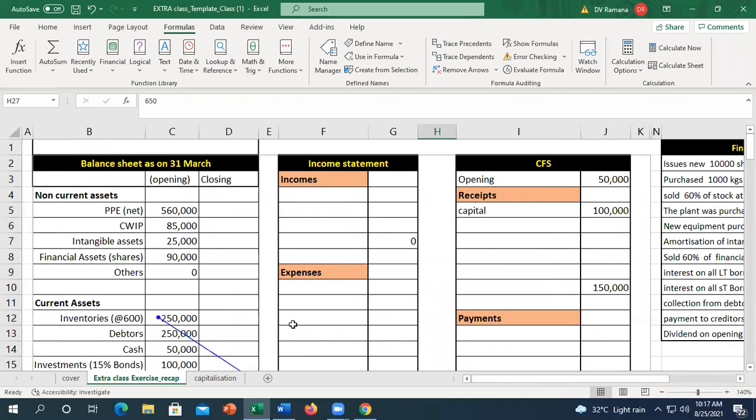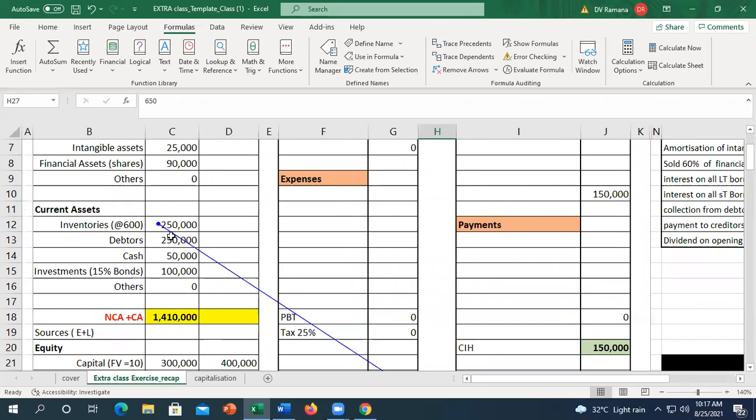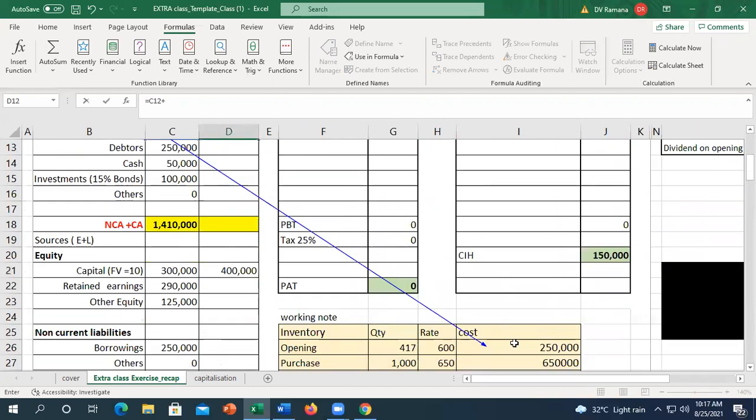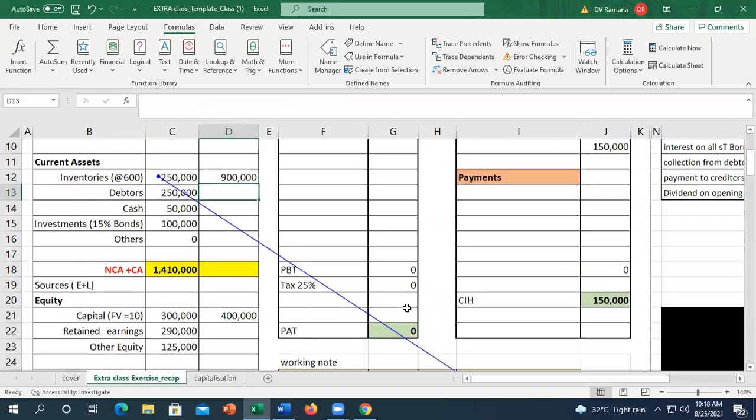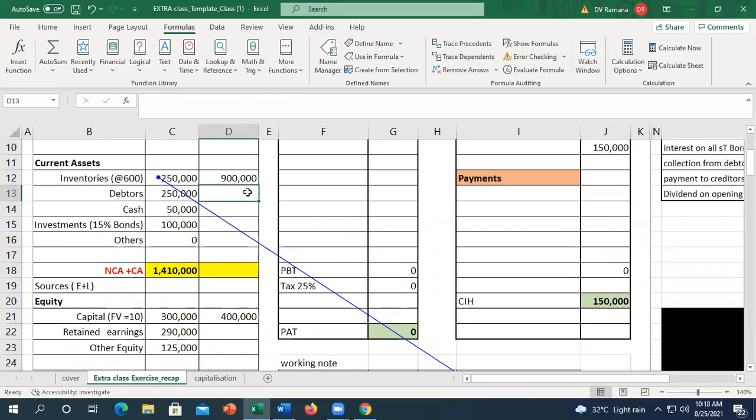So what is the effect of this transaction? The purchase of stock will increase the inventory to the extent of 650,000. Is there an outflow of cash? No, because it is on credit.